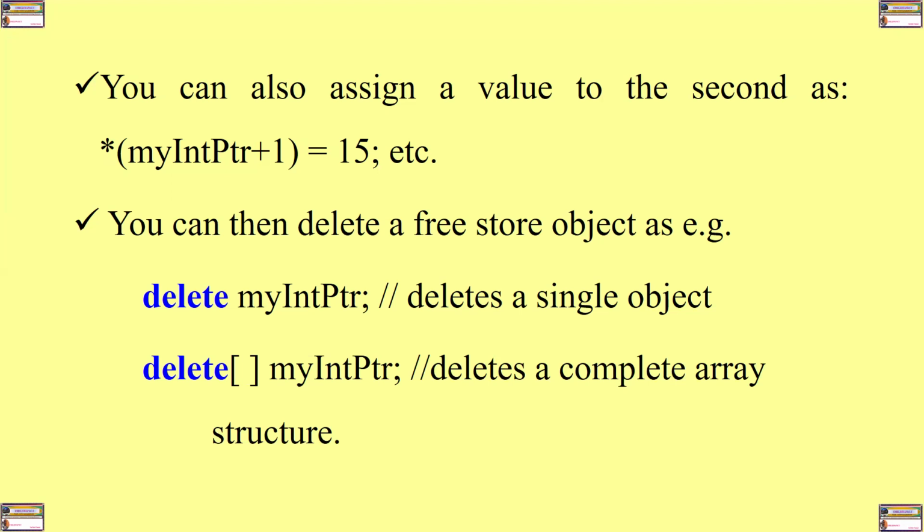You can also delete a complete array structure. So if you declared a pointer to point to an array, then you can still set that memory free by deleting completely the array structure, as you can see.